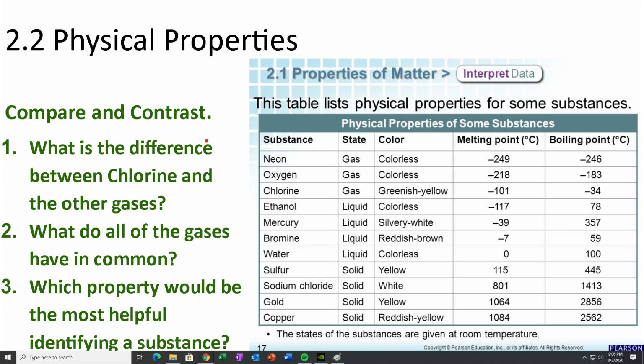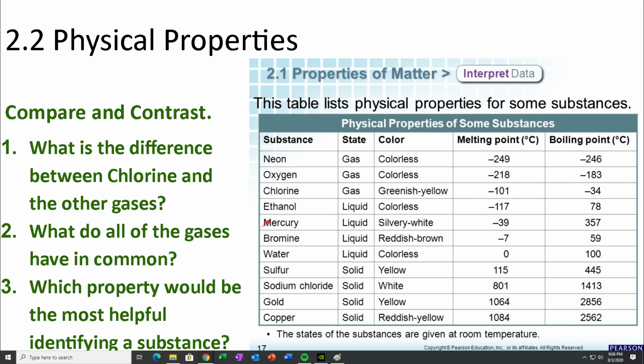Which property would be the most helpful in identifying a substance? If we wanted to identify something by its state, these three are in the same state, but they're completely different. Let's say that I was going to drink something, and I had 4 vials. They're all liquids.